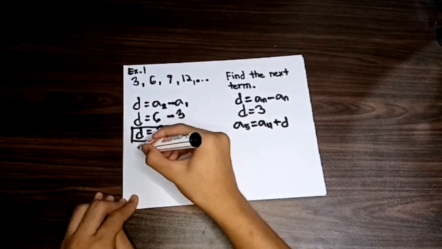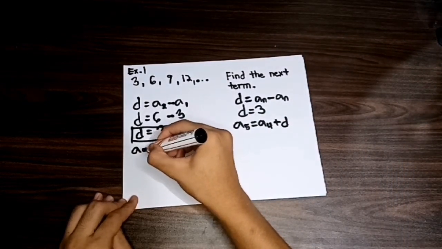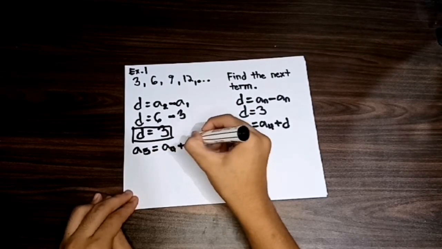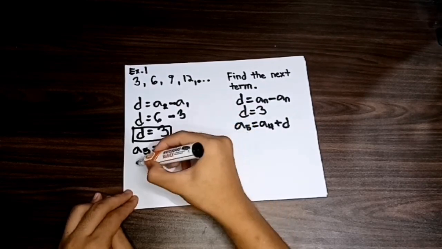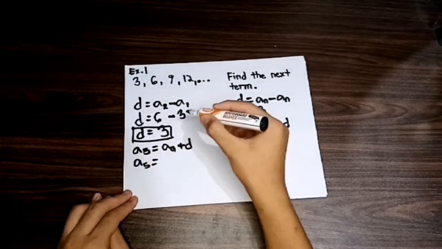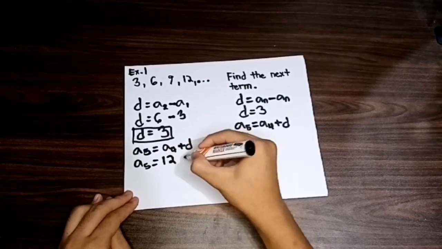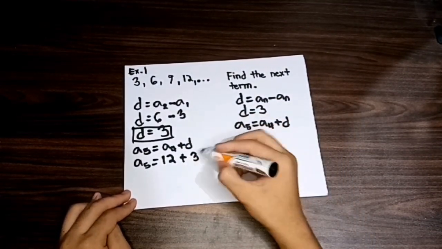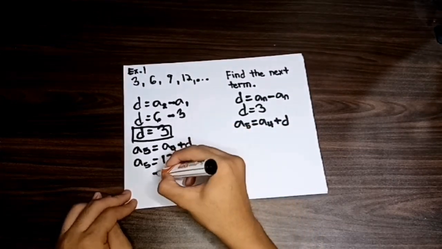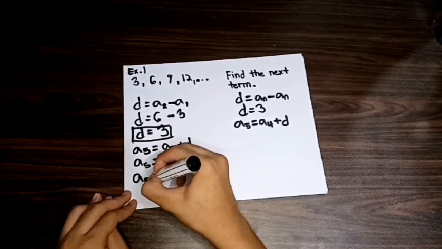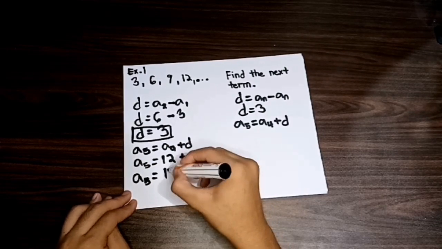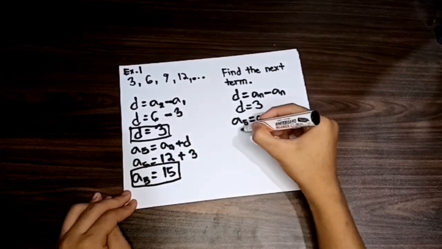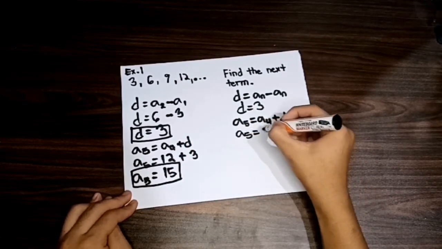So let's substitute: a sub 5 is equivalent to a sub 4 plus d. a sub 4 is equivalent to 12, and the common difference is 3. So 12 plus 3 is equivalent to 15. So our a sub 5 is 15, which is the next term.